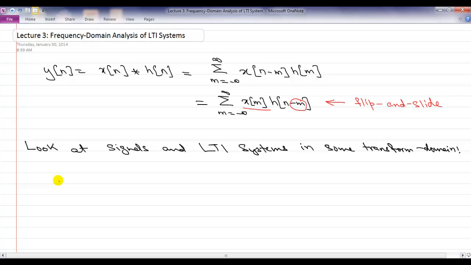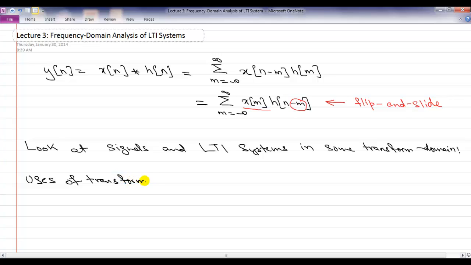Transform domain says, let's look at it in a different way and see if we get some more information. Now, transforms are really bread and butter of signal processing, and there are different types of transforms. So uses of transforms can range widely.